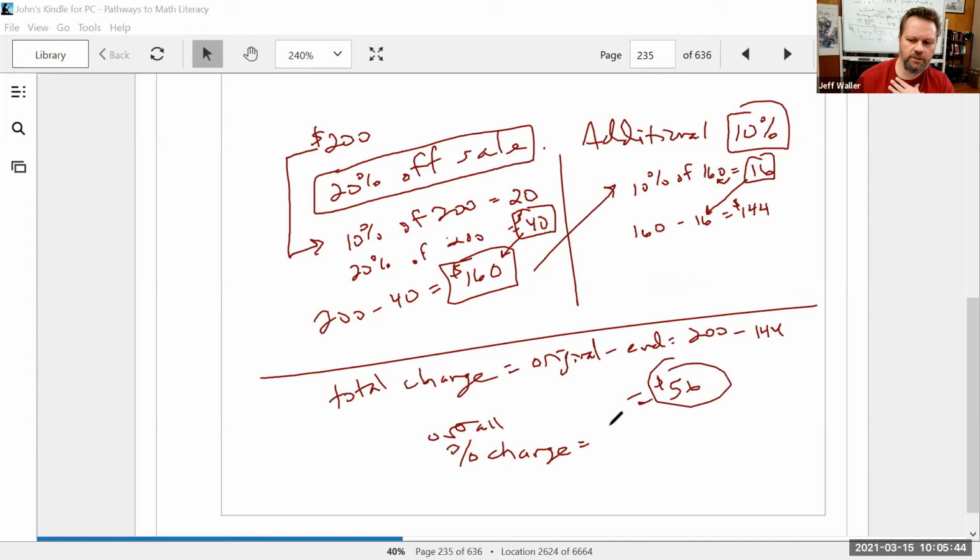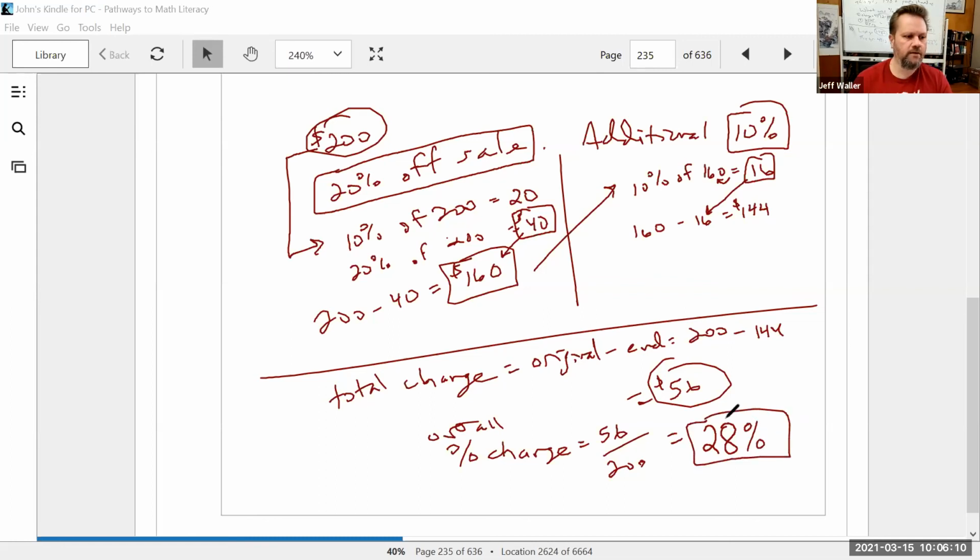It'll be the change divided by the original, 200. So what's 56 divided by 200? 28%. So it's not 30%, is it?